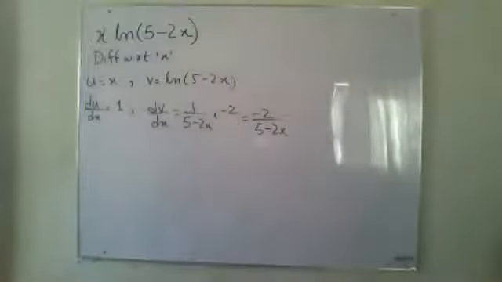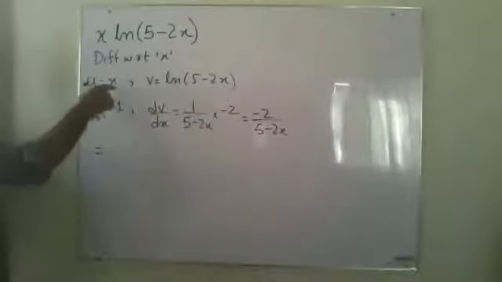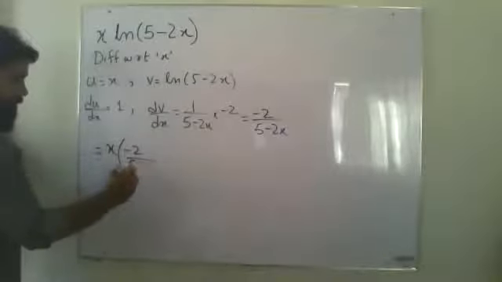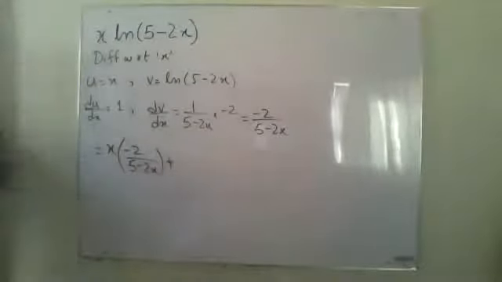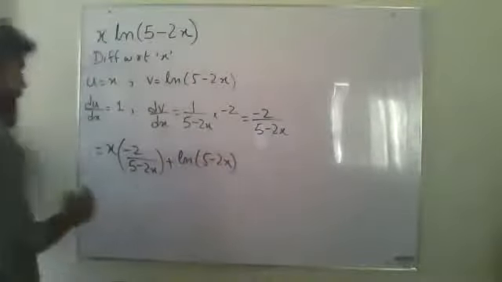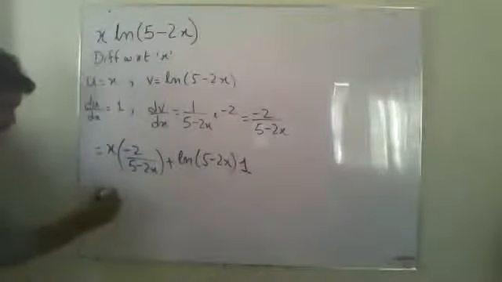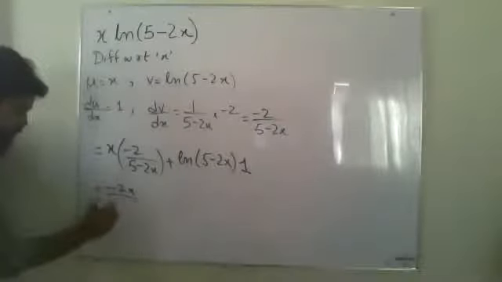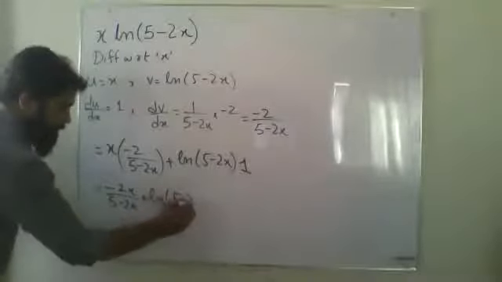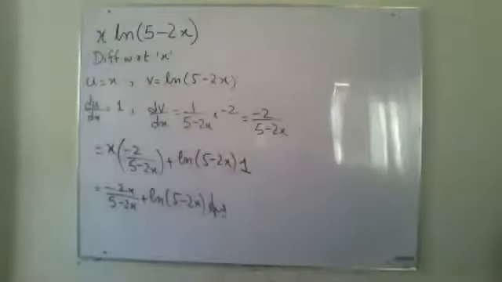After this, applying my u into v form, first u, which is x, into differential of v, which is minus 2 over 5 minus 2x, plus v, that is ln 5 minus 2x, multiplied by differential of u, that is 1. When I simplify it, it will become minus 2x over 5 minus 2x plus ln 5 minus 2x. Nothing can be done. So that's my final answer.